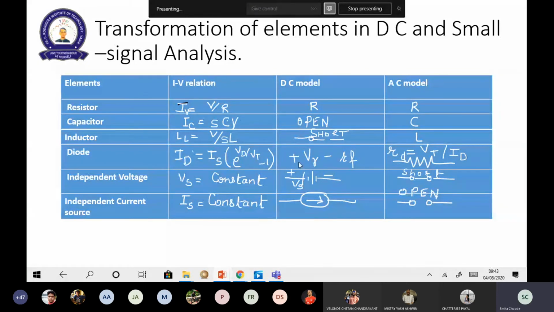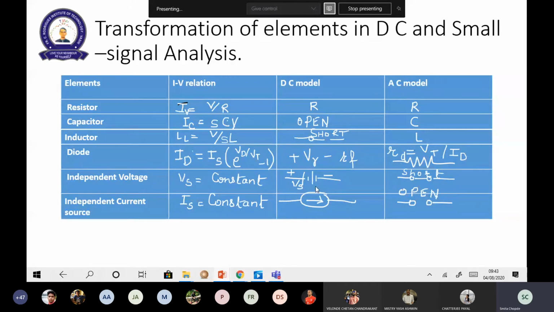When it is forward bias, we get a gamma voltage, which is positive. And if it is negative, we get a negative reverse voltage here, VRF. Fine. So resistance RD works as a resistance in the forward bias direction, and this resistance RD is Vt upon ID.